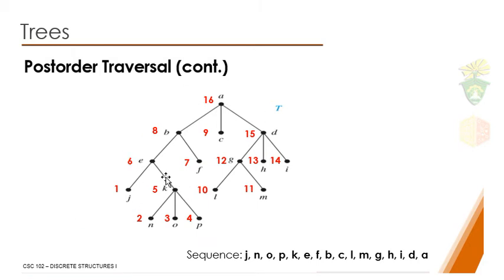So, for this tree, first we look for the leftmost child. For this case, that's node J, the leftmost, with nothing else. If there is nothing else, we cross to the right. If the right child is a parent, you go down to its children. When you have finished visiting the children, you go back up, and then its parent.